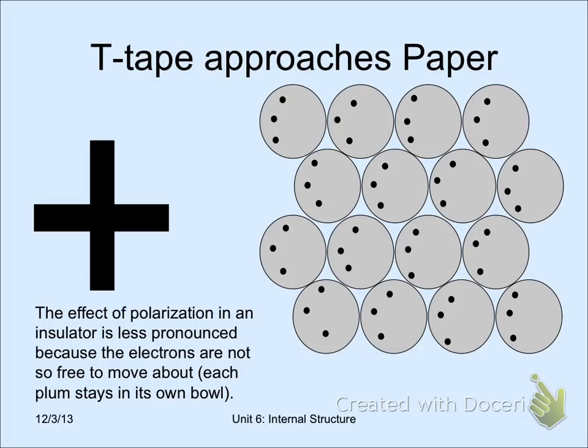So you'll notice that the electrons in this case are still pulling towards the plus sign, but notice they're staying inside of the circle. So there's less pronounced polarization. The effect of polarization in an insulator is less pronounced. All right, now we know this flow of electrons idea. That's going to help us understand conductivity. That's going to help us understand bonding.